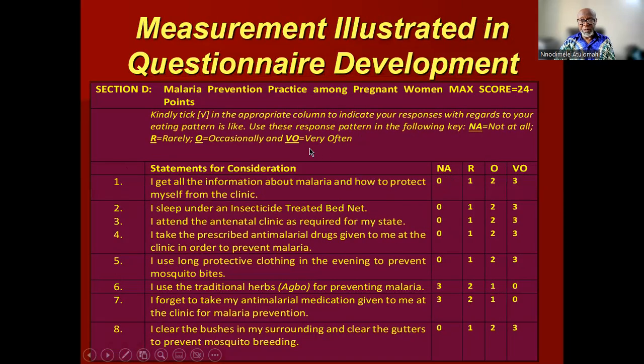Similarly, with the prevention practice, not at all means not at all. We assign a 0 score for that. And very often is assigned the highest. So in recoding, all the previous codes for frequency distribution are converted to weighted scores to synthesize malaria prevention practice.